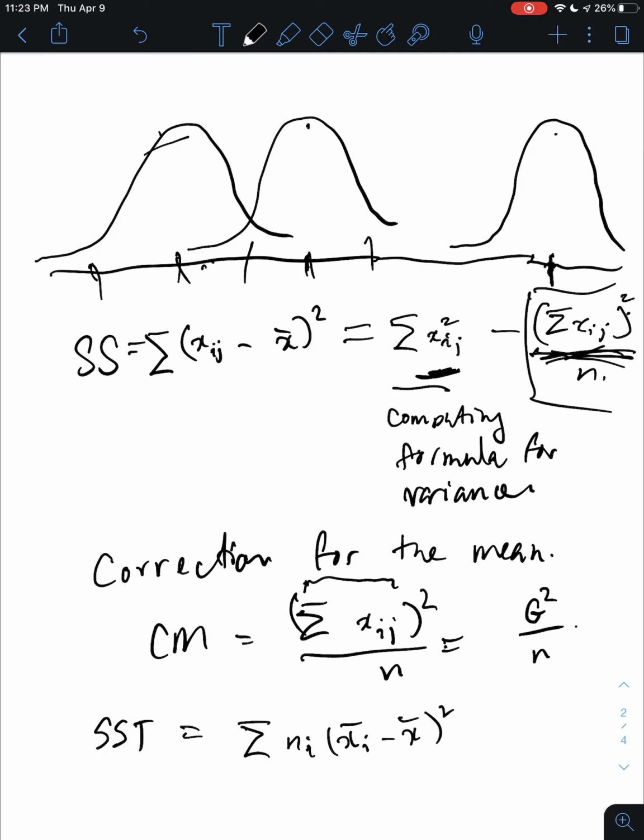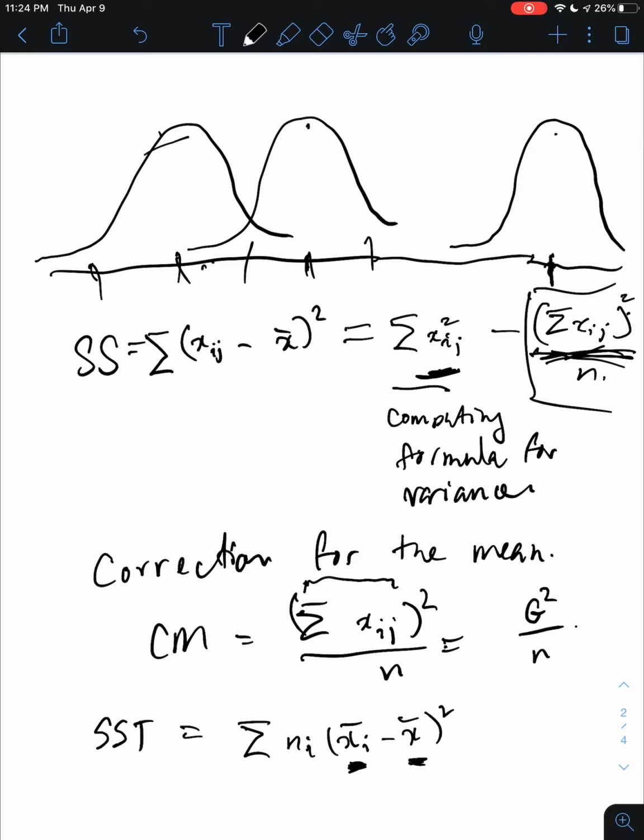All right. So this is the mean within a treatment. So here, what I'm doing is I'm taking all of the measurements just within a single treatment. I'm making the mean of those measurements, and then I'm subtracting that from the overall mean across all the measurements.